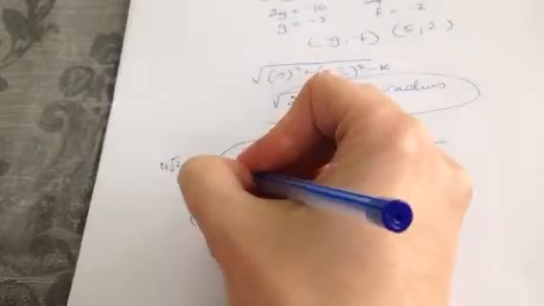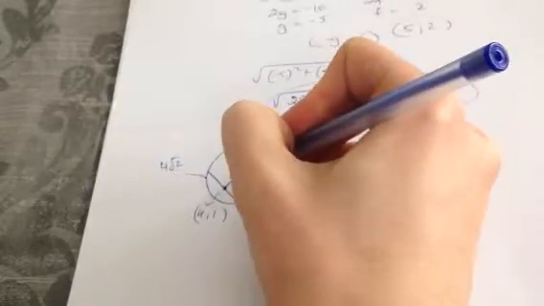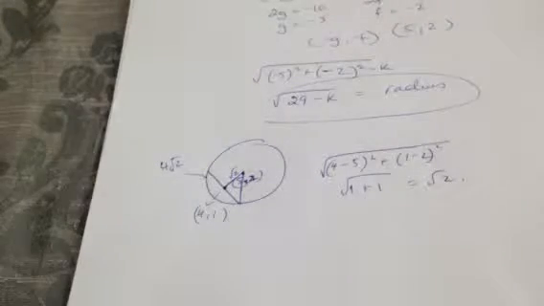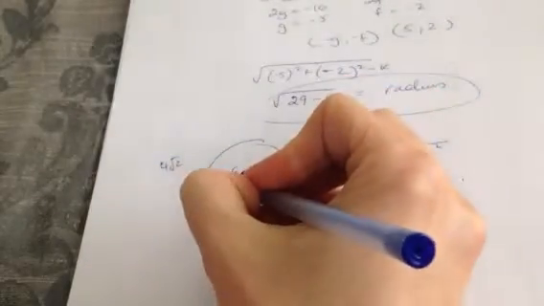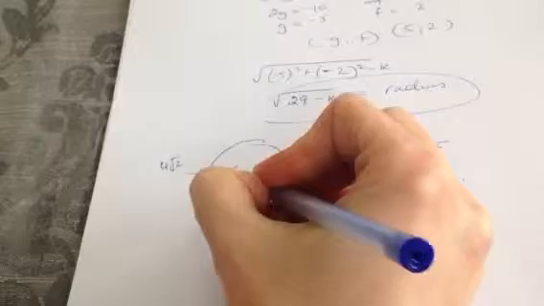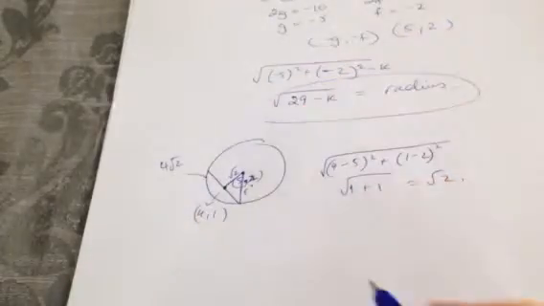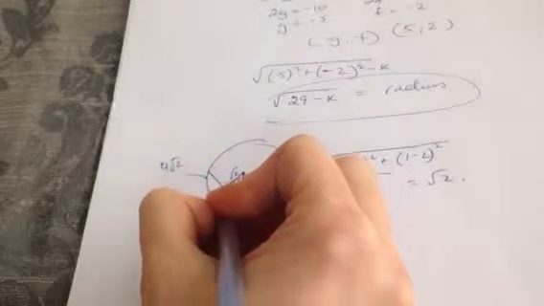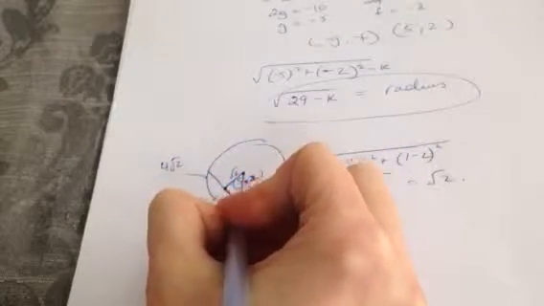So we know that that's the length of root 2. The radius here is what I'm looking for. And I know also that the length of this is 2 root 2.